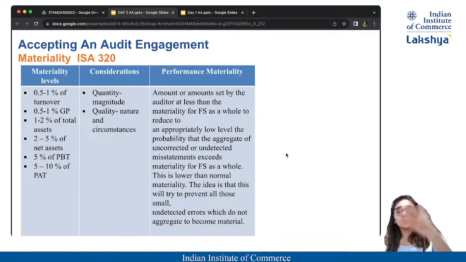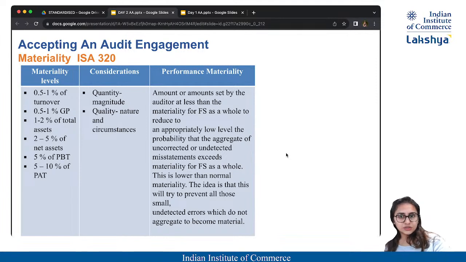So it changes from organization to organization, and since it changes with the size of the organization, it is known as materiality by size. So 0.5 to 1% of turnover is different for company A, which makes a turnover of 1 lakh, and for company B, which makes a turnover of, say, 10 lakh. So that is materiality by size.